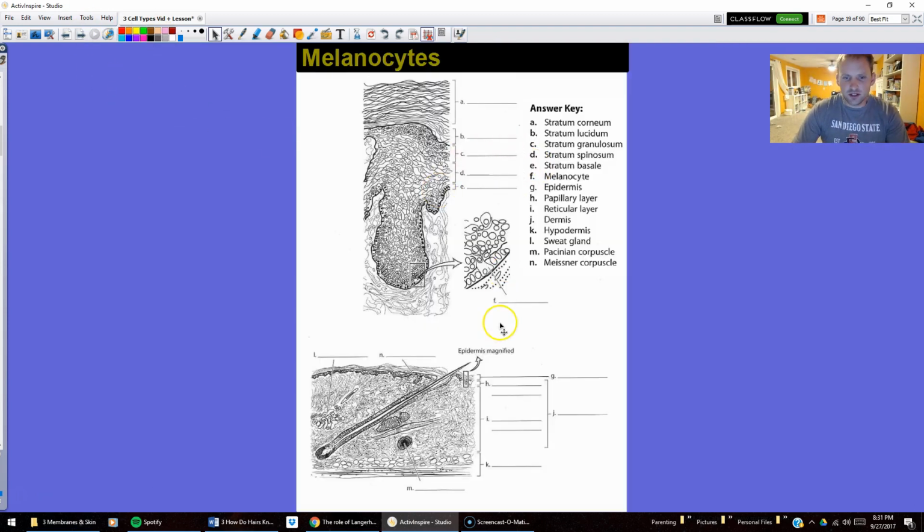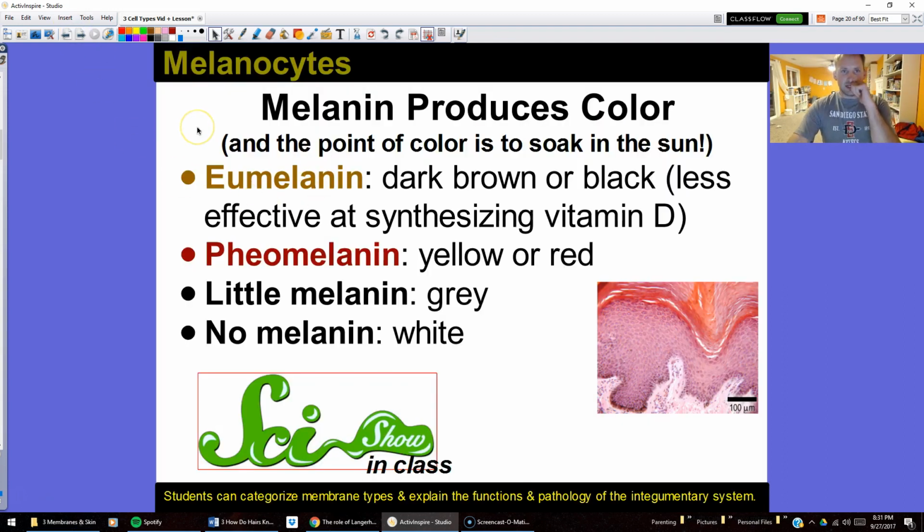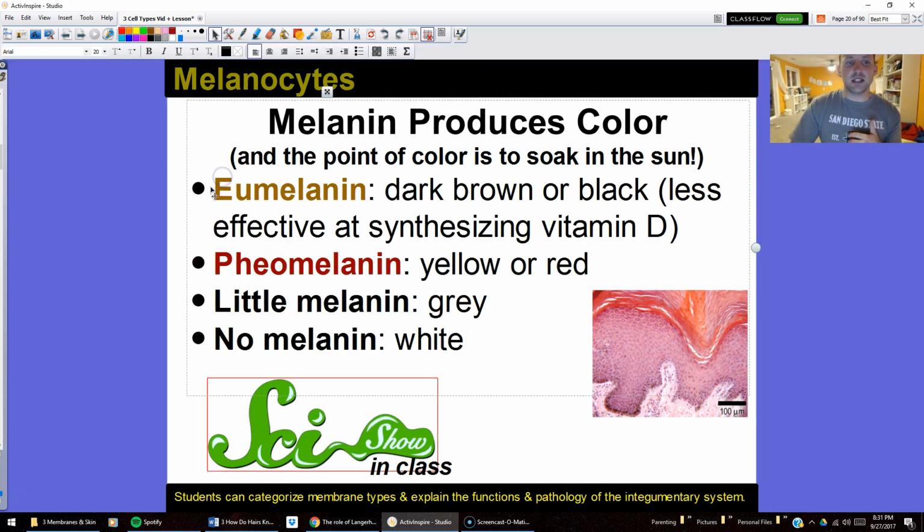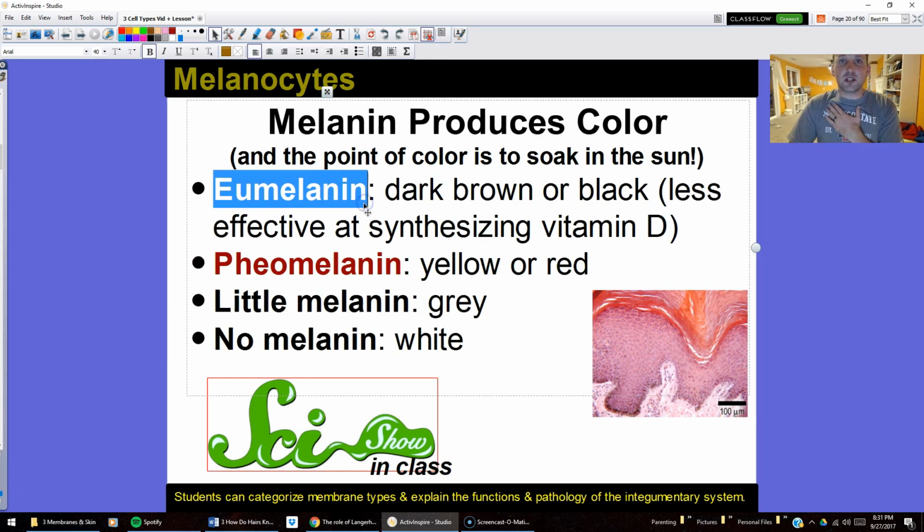In your coloring book, add some things that we've talked about. I think just melanocyte, getting used to these terms. So there are two main families of melanin. Within each family, there are subtypes of eumelanin and subtypes of pheomelanin. Eumelanin is by far the most common, especially in hair.